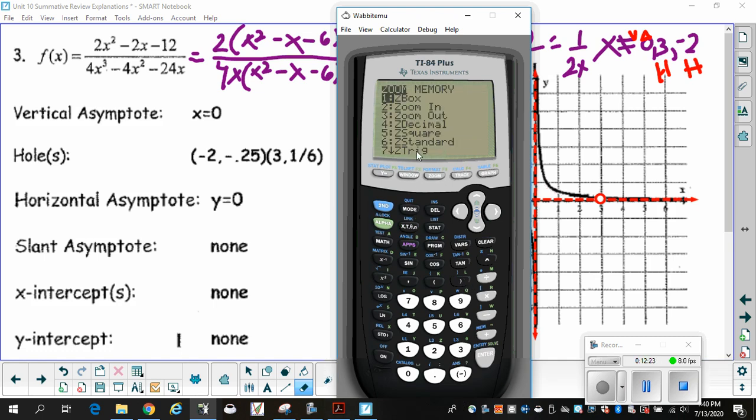And then I'm just going to do a zoom standard, and I'll look at the graph.